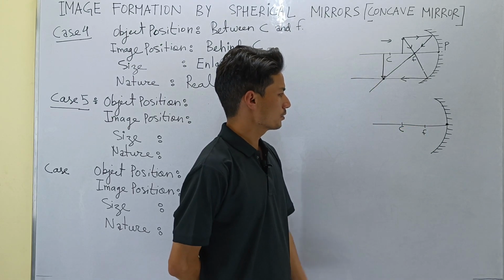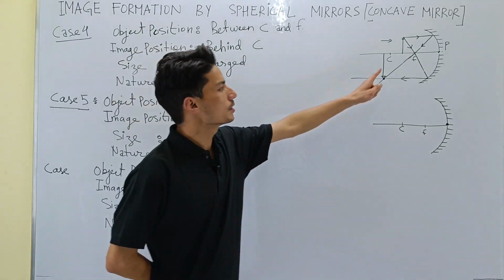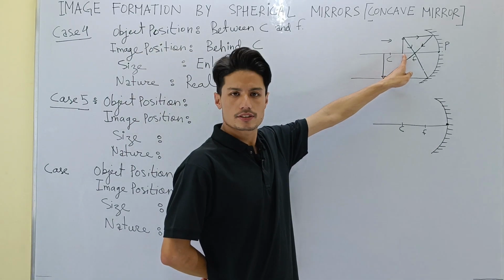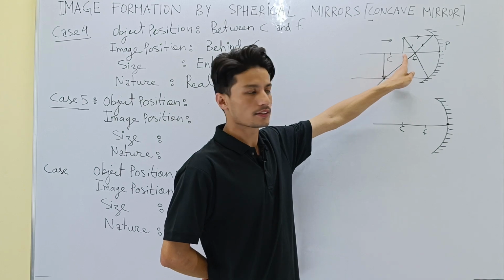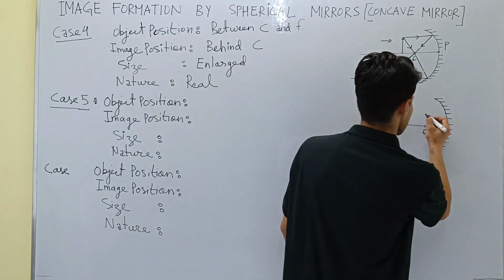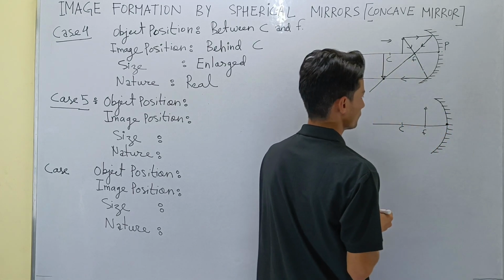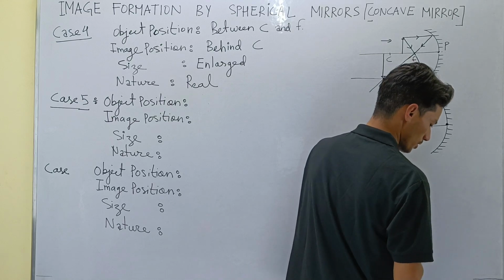Where will the object be? In the previous case the object was here. Now where do you think he will stand? He will stand at focus. So the object is here, standing at focus.